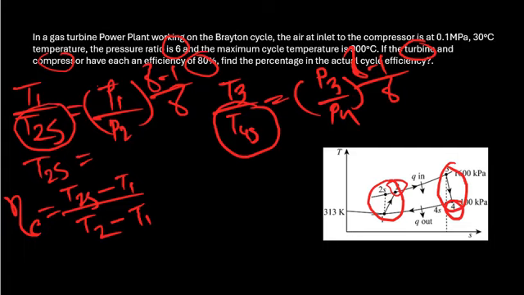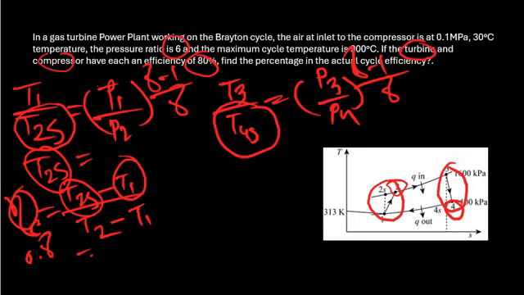This is for the efficiency of the compression. Here all is known: we know it is 0.8, T2S we know from before, and T1 is given in the question. We only have to find T2, and from here we will easily get T2.